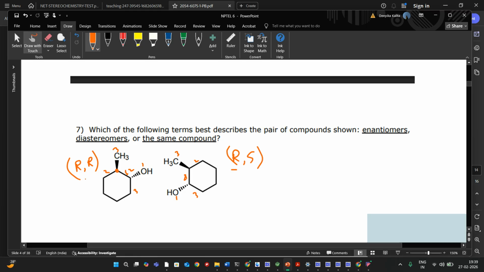And if you are asked to identify the enantiomers of these two pairs, RR would have an enantiomer with the pair SS, and RS would have its enantiomer with the pair SR. So when it comes to the given pair of compounds, these two will be a pair of diastereomers.